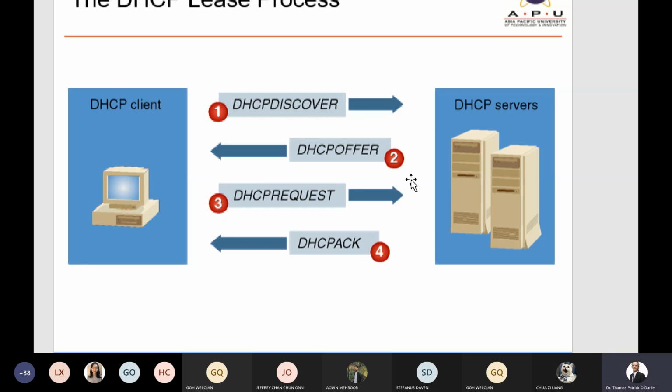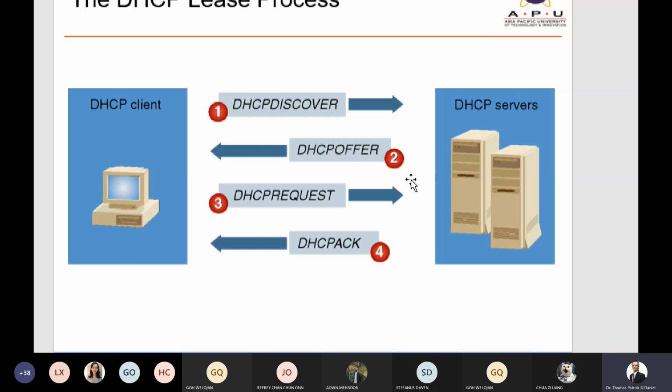It's a four-part protocol, a four-step protocol. And again, the fundamental thing to remember is it works this way because when a system comes up on the network, all it knows is its MAC address. So the first thing it does is say, hey, somebody help me out.